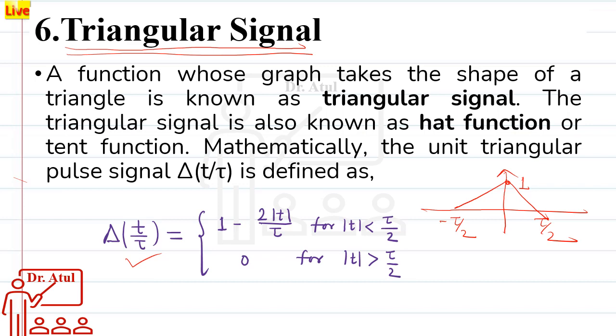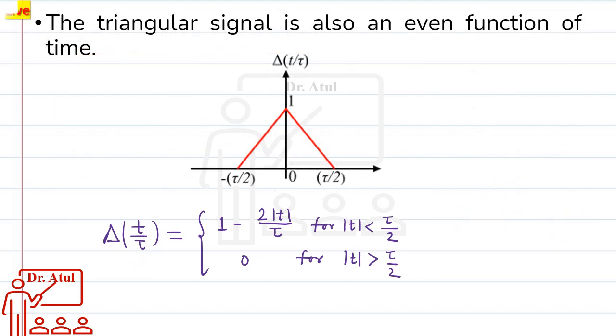On the left side it becomes 1 plus 2t by tau, and on the right side it becomes 1 minus 2t by tau, and it is 0 for values beyond minus tau by 2 and plus tau by 2.